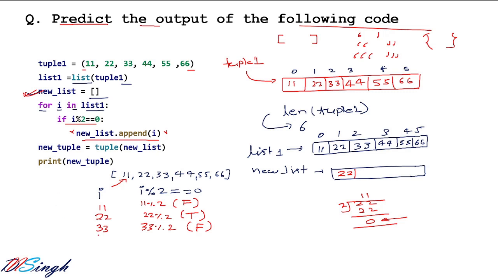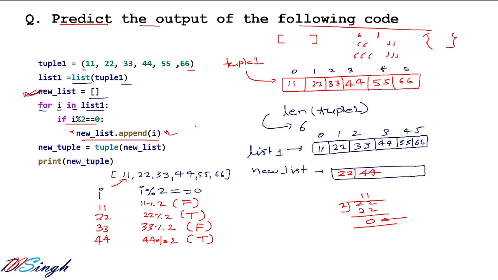Again it will go for the for loop, then it sees 44 as the next i value, and 44 divided by 2. So here you are going to get remainder as 0. Again the if condition becomes true. So there you will see the append operation will execute.